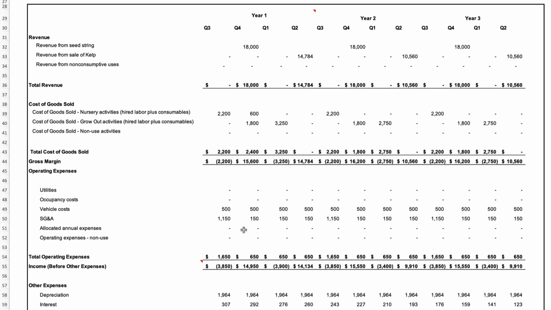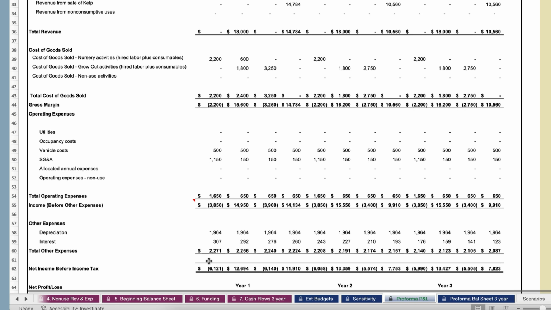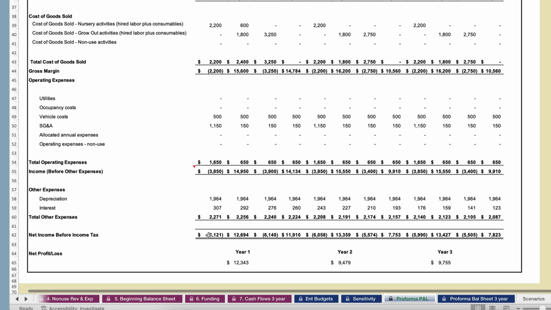Your operating expenses here are presented as another subtotal, and then we start looking at depreciation and interest expense, which are not directly associated or within control of the operator of this business, and that gives us our net income before tax. This model does not address tax issues, so this just gives you pre-tax net income or profit.